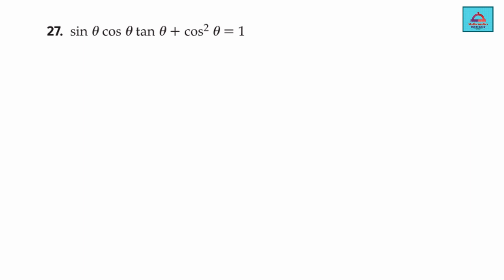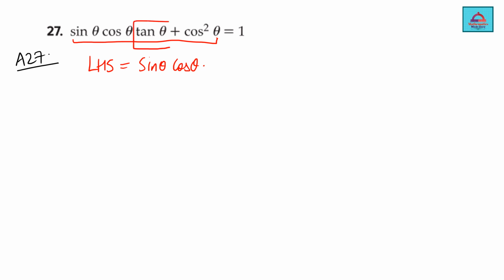Moving on, let me do the 27th now, and this is quite easy to understand in the sense that the right side is just 1, so definitely we are going to start with the left hand side. Let's see how we can simplify. Step 1 is quite easy. We want to convert everything to sine and cos, so the only way is to change tan. I'm going to use tan theta equal to sine theta over cos theta.